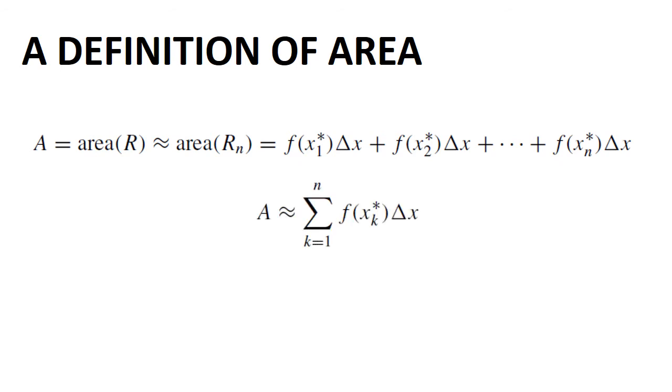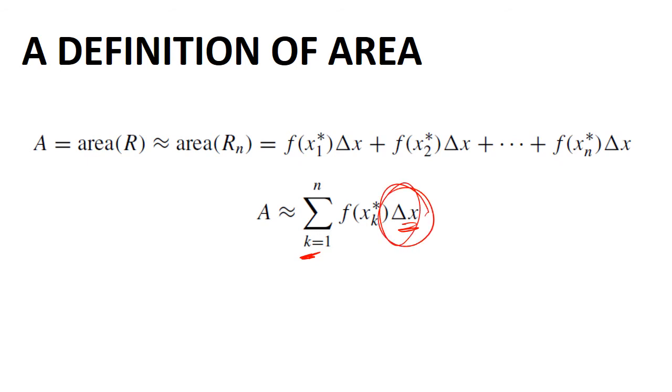So, the area can now be approximated as, of course, f of x star k times delta x from k equals 1 to n. So, I'd just like to point out na yung delta x, which is the width, is not affected by k here. Kasi di ba uniform yung width natin. So, kahit ilang mga rectangles yan, bawat rectangle, uniform, pare-pare sila ng delta x.